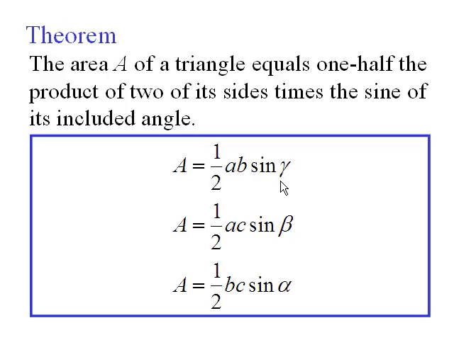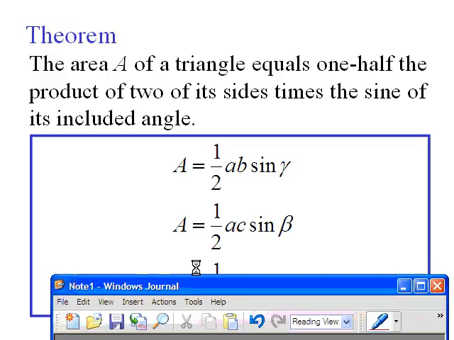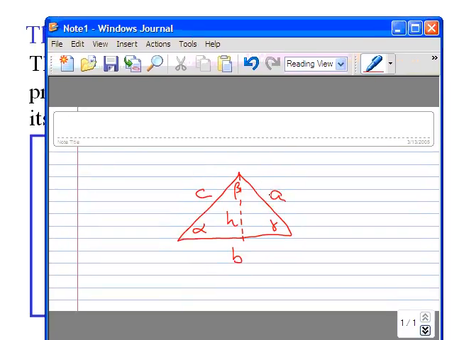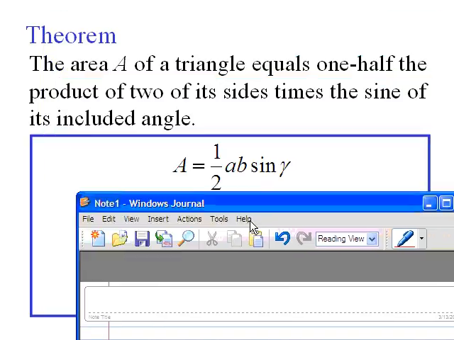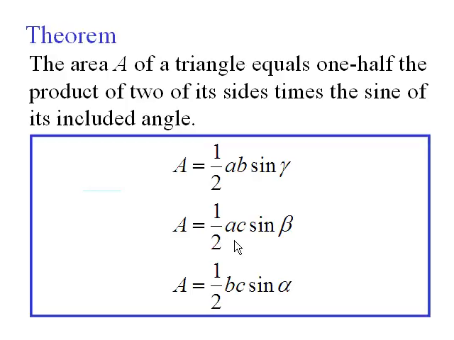If you relabel the triangle so that the sides that you're given are A and C, between A and C lies angle beta. So 1/2 the product of the lengths of the two sides, the sine of the angle between them, and one more variation, the product of the lengths of sides B and C, and the angle between B and C is alpha.